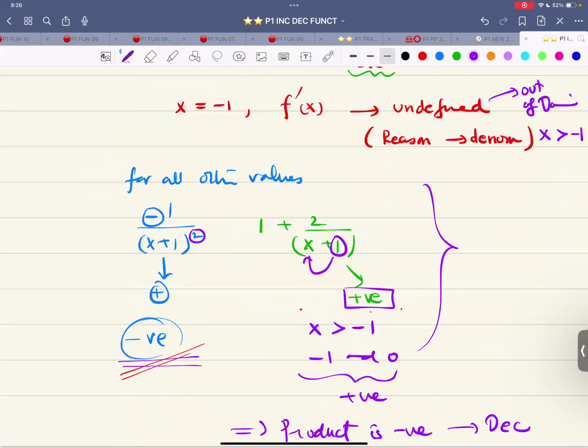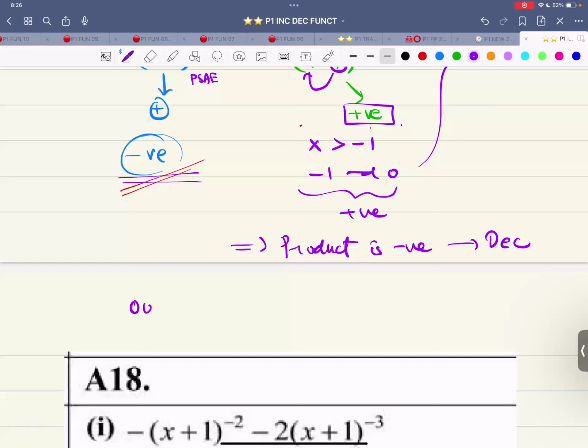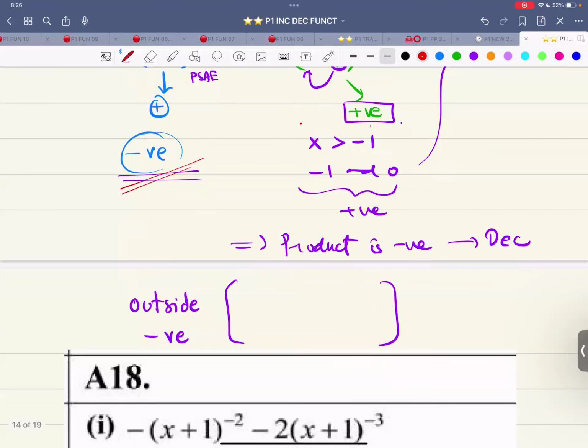Now over here, this is PSAE, perfect square algebraic expression. This is positive. Because of the negative sign, this is negative. So this thing on the outside, that is negative. Now let's talk about the inside. Inside is 1 plus 2 over x plus 1.